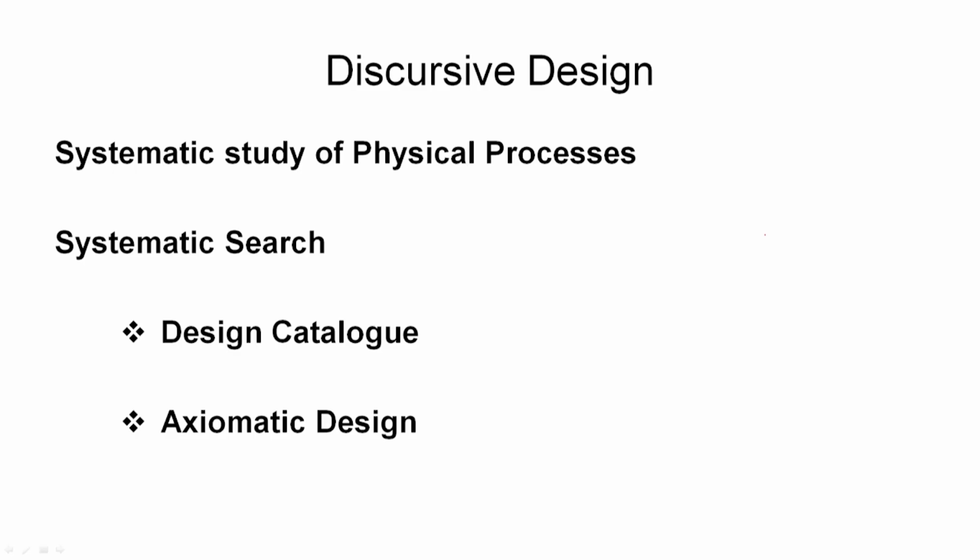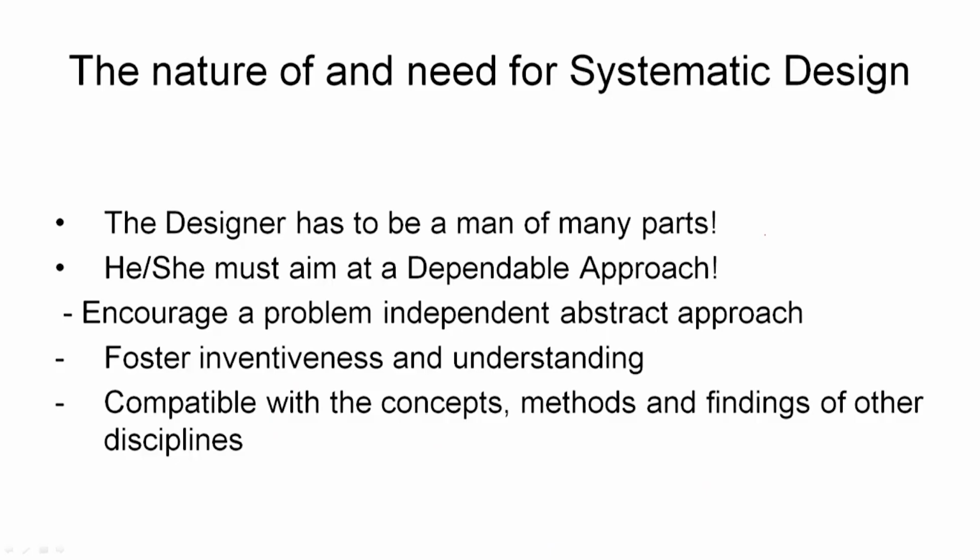So, we have to do it through a systematic study of the physical process, and that systematic search could be either through design catalog or through axiomatic design. Design catalog is good when you already have certain products. If you do not have, like in this case, where this was the first of its category, then the design is to be based on certain basic axioms. That is what we had tried.